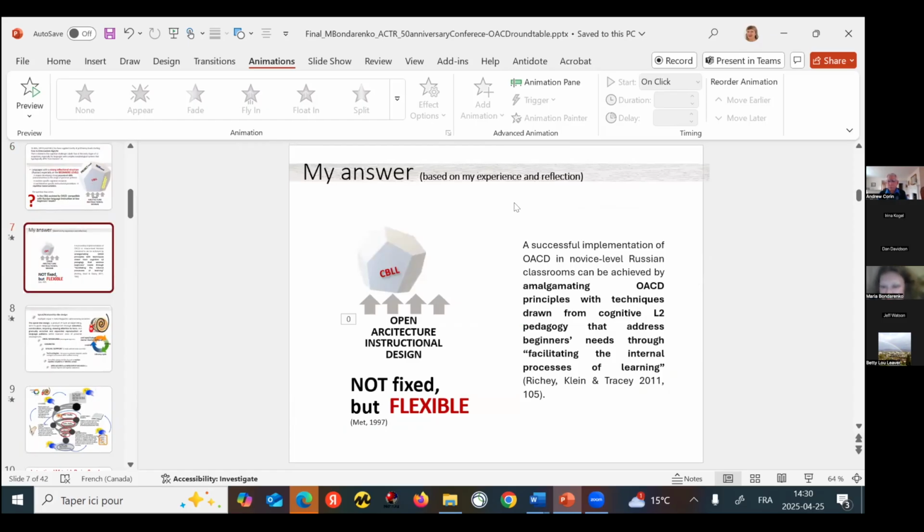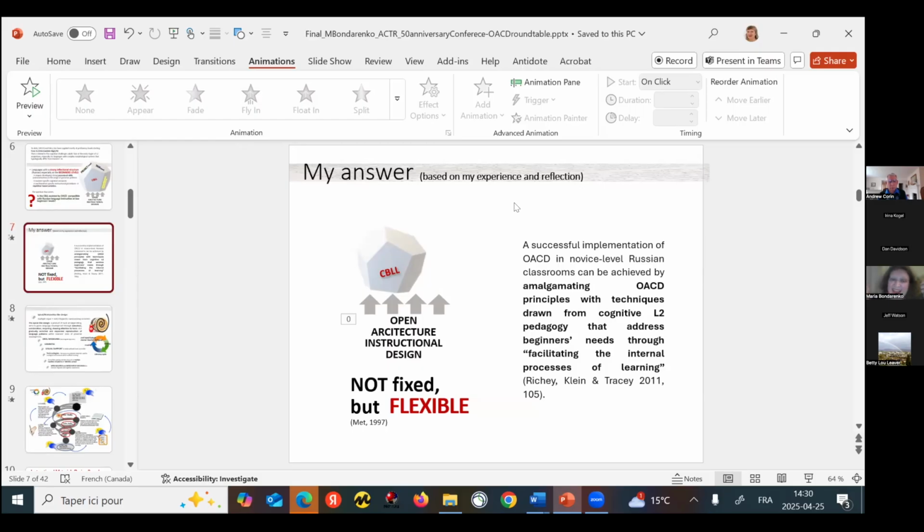We can successfully implement this approach by amalgamating the principles of open architecture with some techniques drawn from cognitive L2 pedagogy that address beginners' needs through facilitating the internal process of learning.